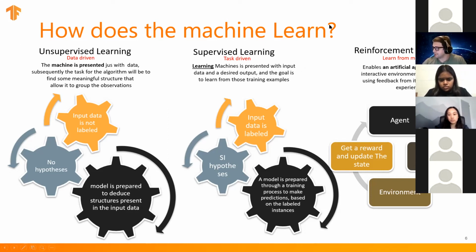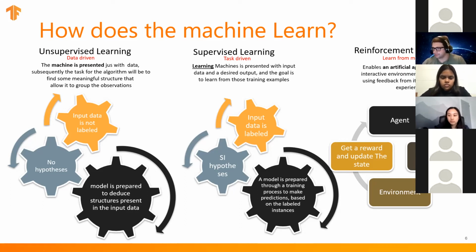And there is another kind of problem, which is reinforcement learning. I can say that this is a model that somehow learns in the same way that humans do. One of the reasons I say that is because this is basically based on trying: if you get an error, try again.